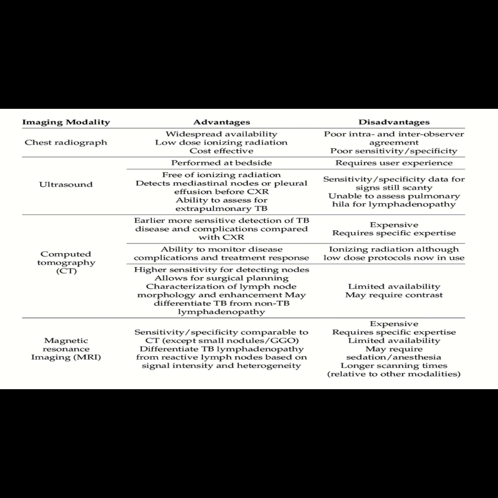We can see very small millimeter slices from CT scan. The basic disadvantage of CT is that it's expensive and has very high ionizing radiation. Magnetic resonance imaging differentiates TB lymphadenopathy from lymph nodes, but it's very expensive and requires specification. In MRI, there are so many moving artifacts during the scan, so it's not good for the chest.